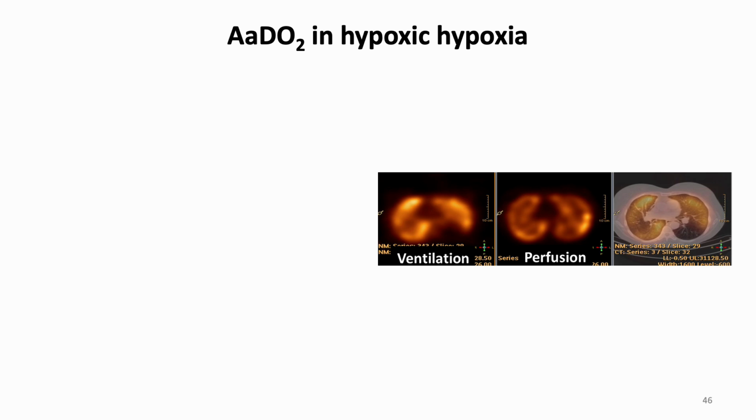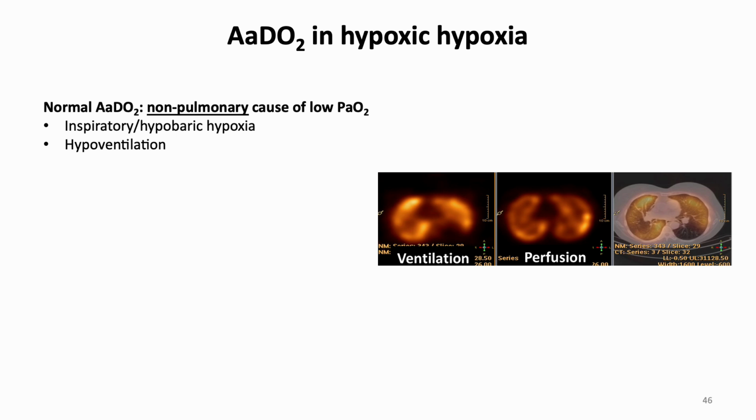that is a reduced PaO2, because in that case the ADO2 may distinguish between a pulmonary and a non-pulmonary cause of reduced PaO2, because clearly PaO2 may decrease if the patient does not ventilate sufficiently, or if the actual gas exchange within the lungs is impaired.